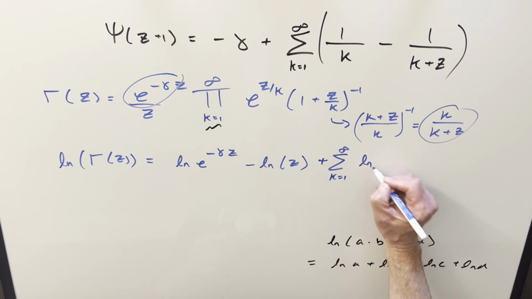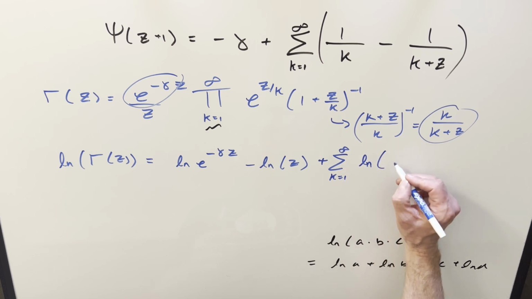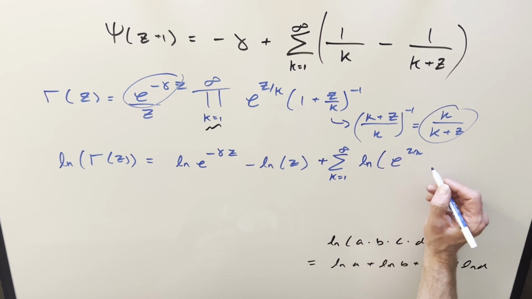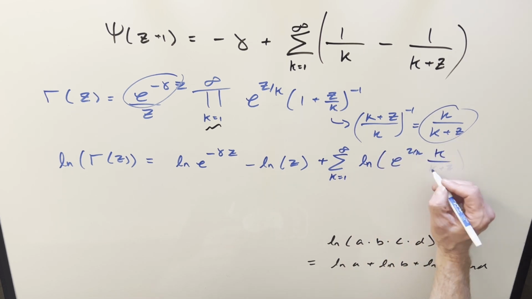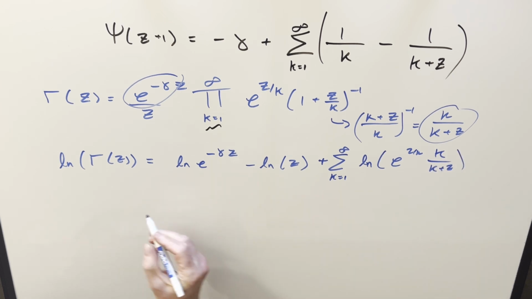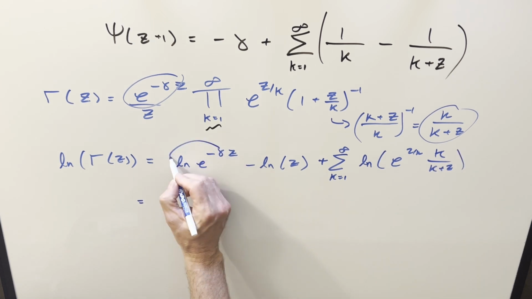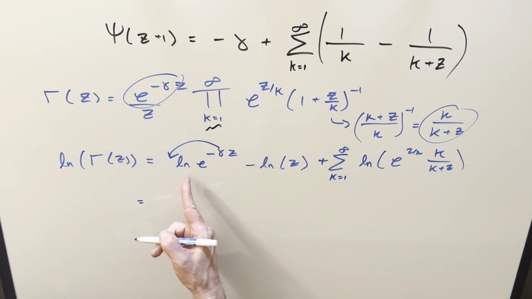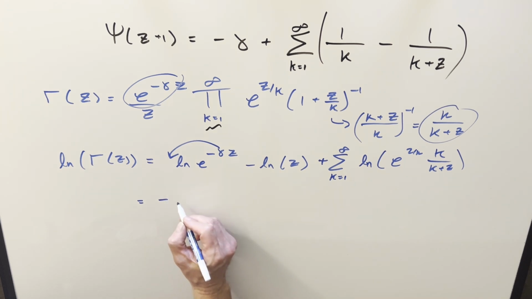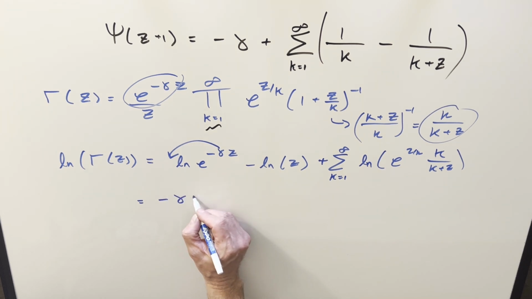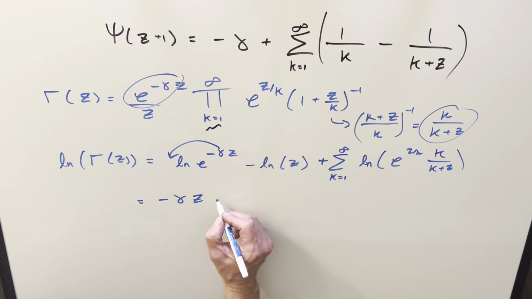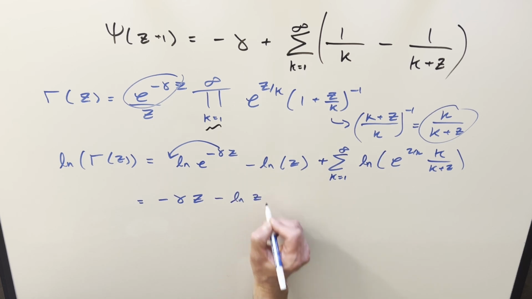So now we'll have the natural log inside the sum of just e to the z over k times this k over k plus z. But now we can do some more simplification on it. This exponent can come out front, and then we're just going to have natural log of e, but that's just 1. So this first piece becomes minus Euler-Mascheroni constant times z minus ln z.